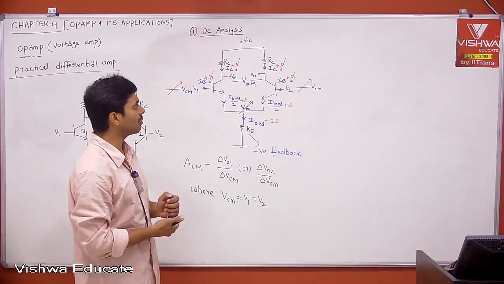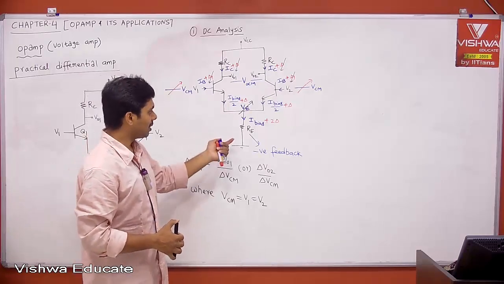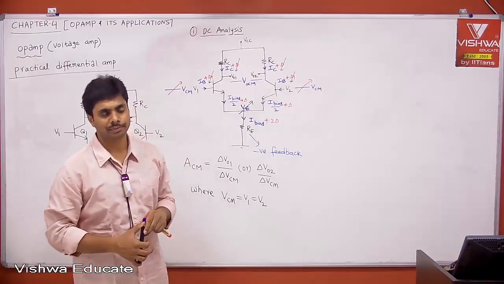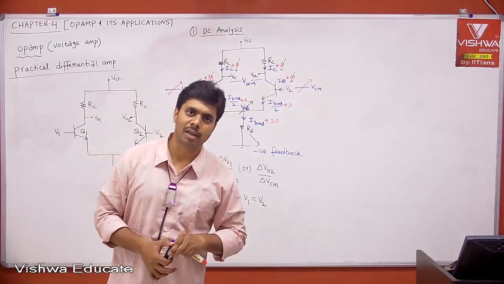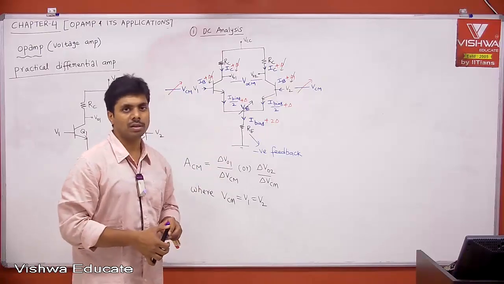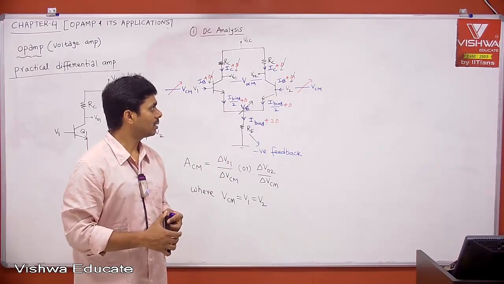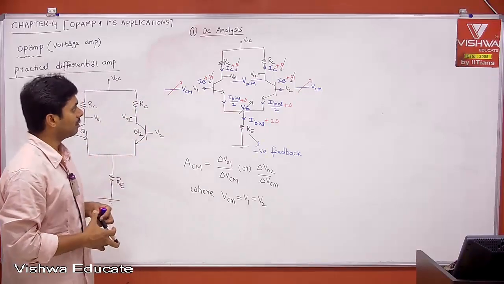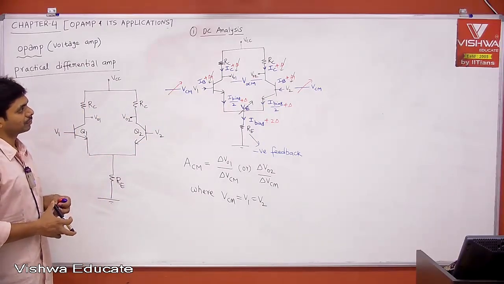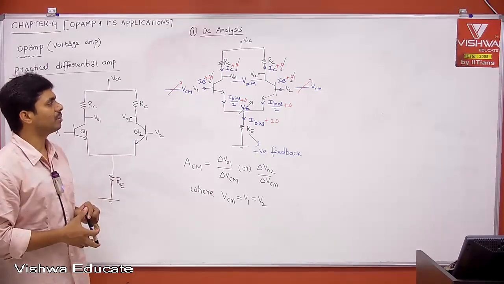Let's calculate that mathematically for the practical differential amplifier. The ideal differential amplifier is nothing but, instead of RE, there is a current source. But we don't have an ideal current source. Either we have a practical current source or a resistor. Take it. Then maybe I will derive the common mode gain. After that we will see the AC analysis. With that the differential amplifier is over.